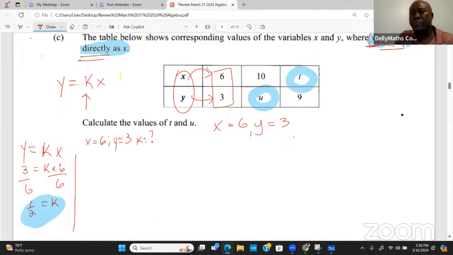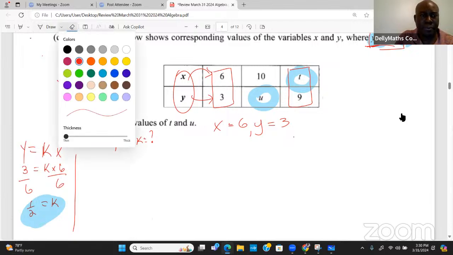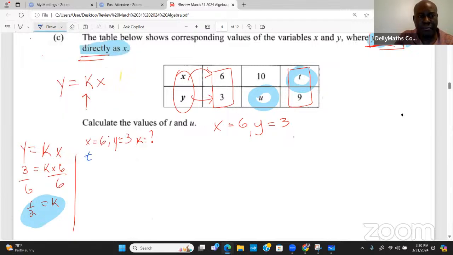Now, having known k, this is how they set things. So I'm going to find t. If I'm going to find t, I'm focusing on this. So t is what I want to find, right? I'm going to change the marker here. T is actually an x value that we don't know yet, but definitely underneath the t, you have a y value for it, which is 9.